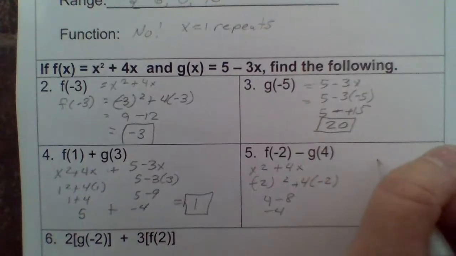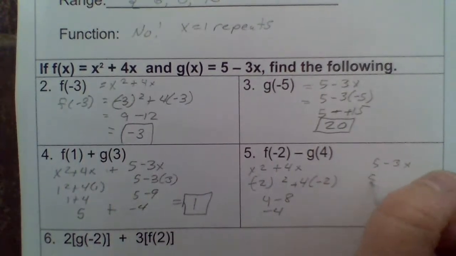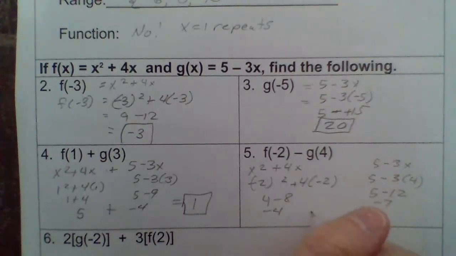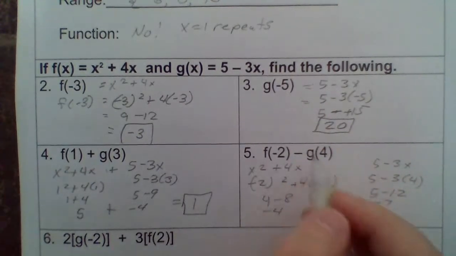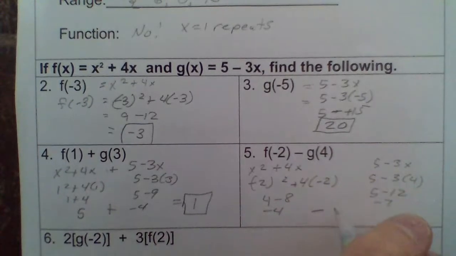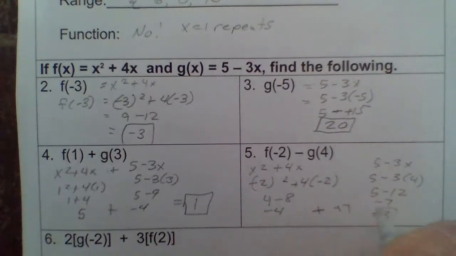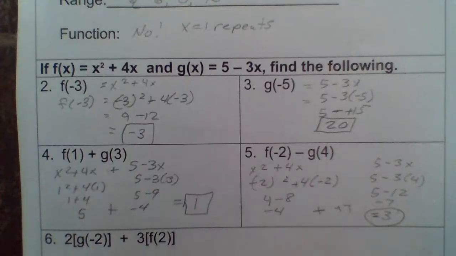Then I'm going to do 5 minus 3x, 5 minus 3 times 4, 5 minus 12 is a -7. So I have a minus, which is this minus right here, and then I have a -7. This is keep, change, flip. So this final answer is 3, a positive 3.